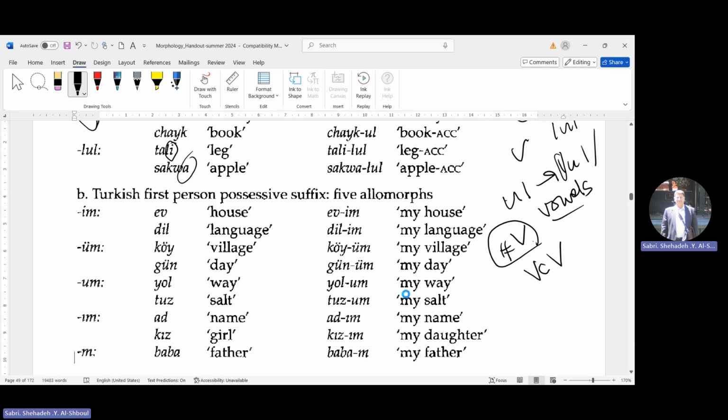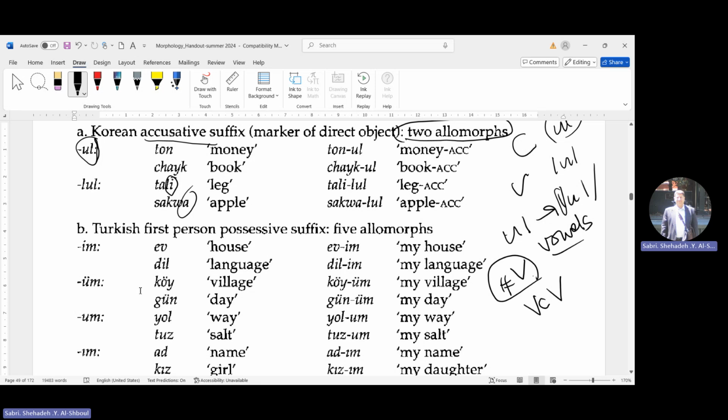Okay, so we notice that this language loves suffixation. It doesn't love two vowels in the final position. If a vowel-initial morpheme is added, the output allomorphy occurs with a consonant in the onset position of the morpheme, as we have seen with Korean.